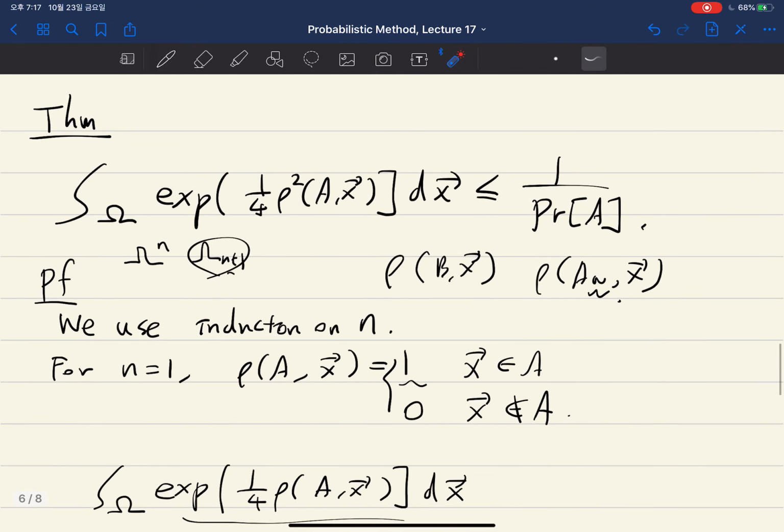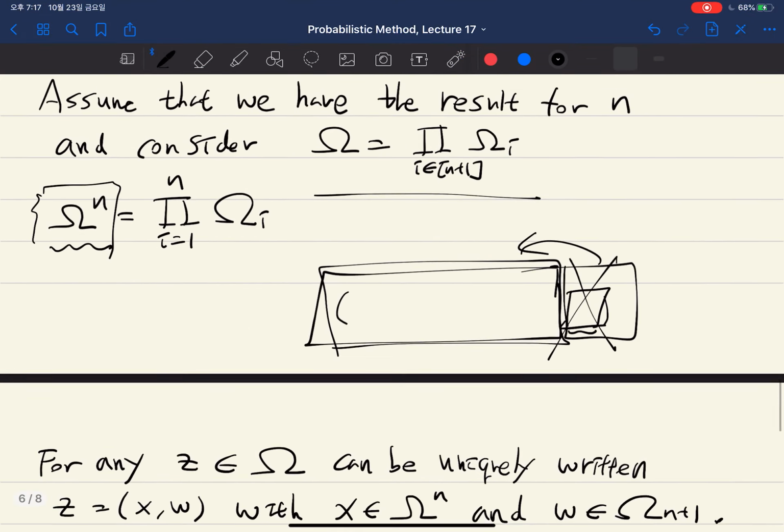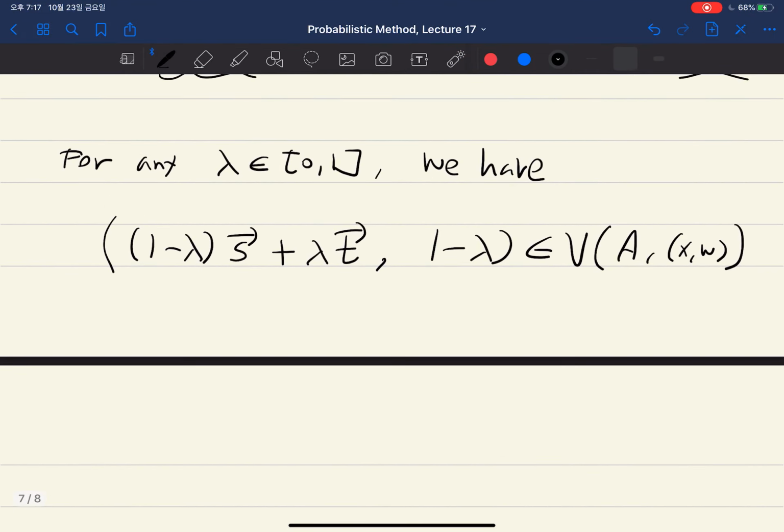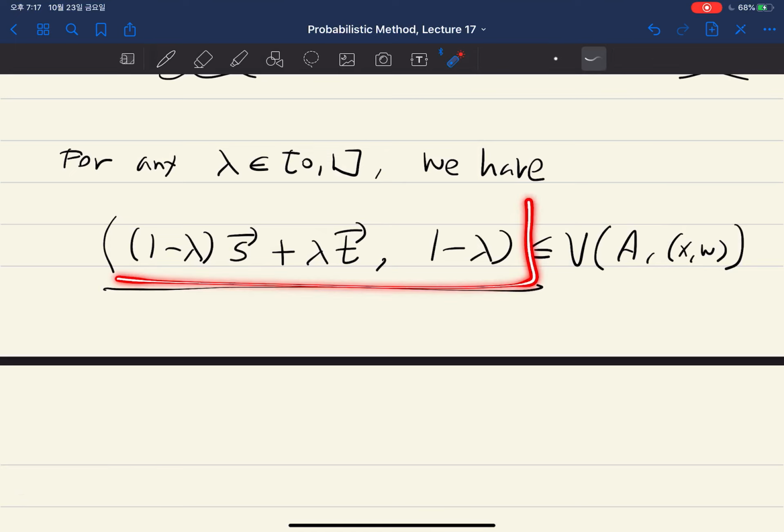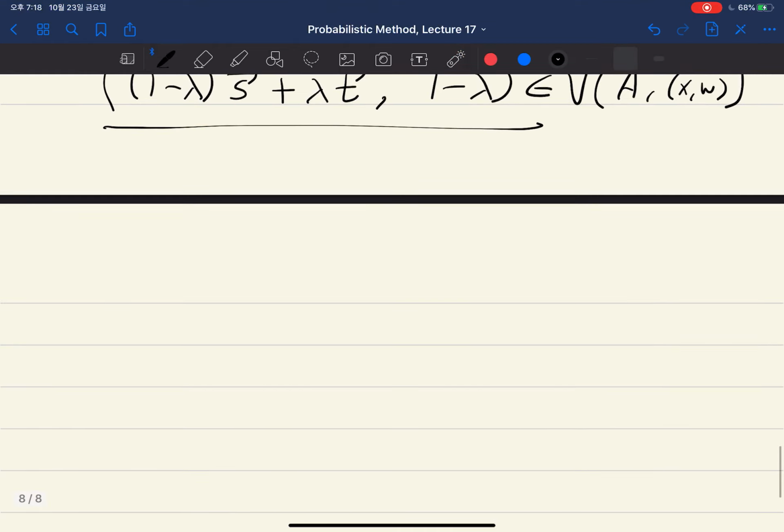It might not be as good as we want, but it gives us one upper bound anyway. So this 1 point already gives us an upper bound, and we want to optimize the upper bound by choosing this lambda wisely. That's roughly our plan.